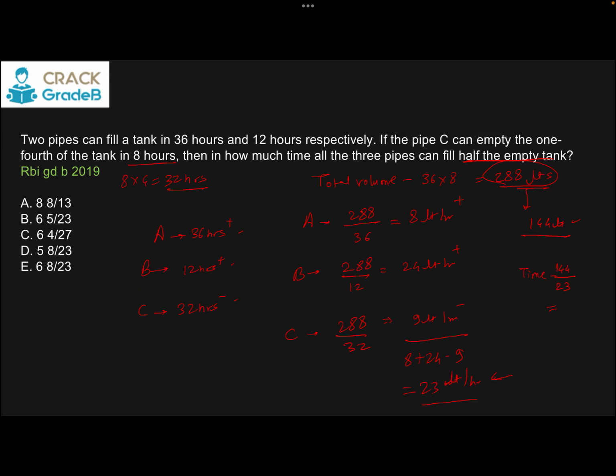So solve this. It is going to be 23's 5 times. Six times.